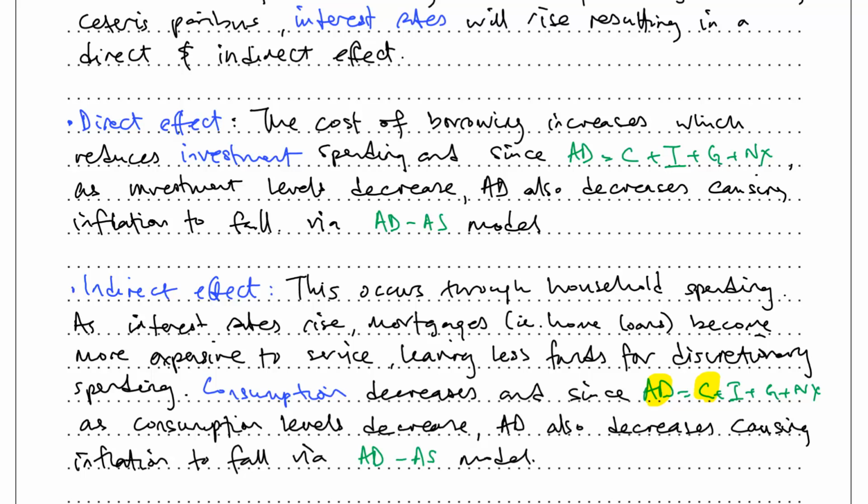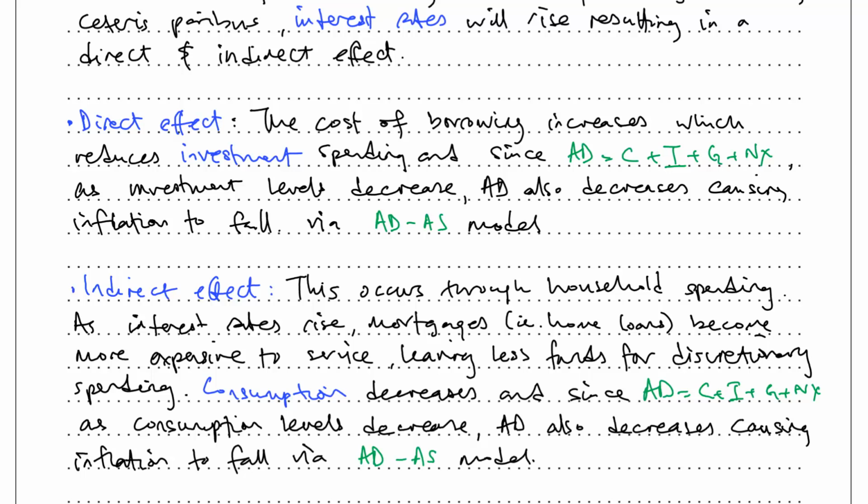Well, it does this through debt obligations like mortgages and home loans. So if interest rates are high, then mortgages are going to become more expensive to service, and so households will have less money at the end of every month to spend on stuff and things. Therefore, they will spend less on stuff and things. That will bring consumption levels down, and aggregate demand will fall, and that's going to reduce inflation levels via the aggregate demand, aggregate supply model.